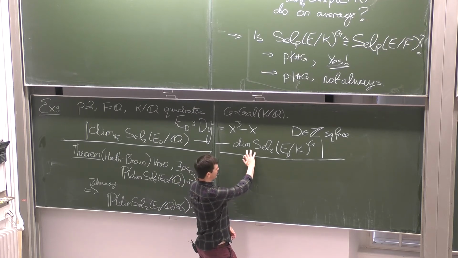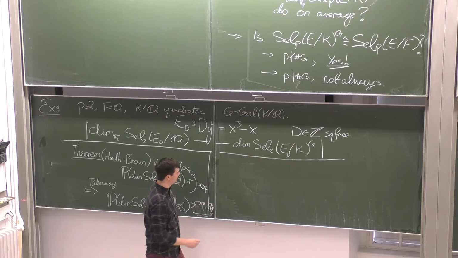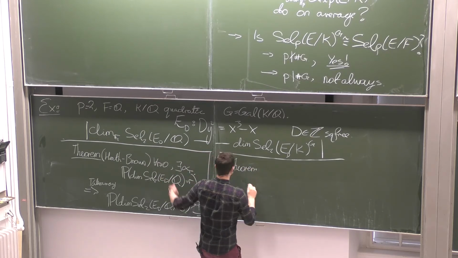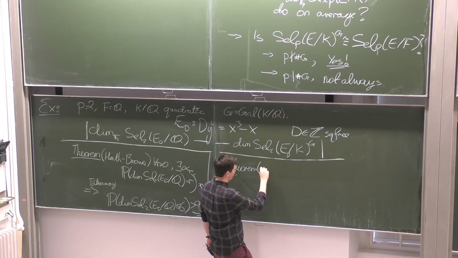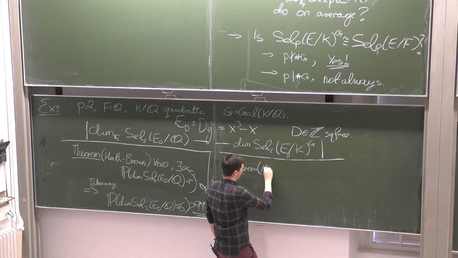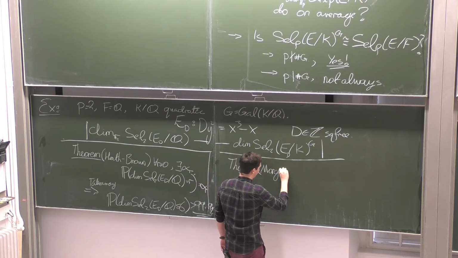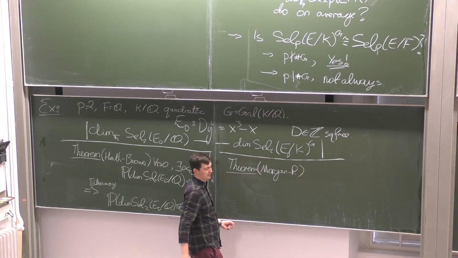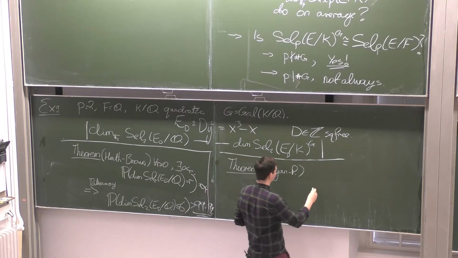Okay, so the right-hand side, what happens here? Well, this was something old. Here's something quite new. It's a theorem due to Adam Morgan and myself from the end of last year. I don't have anything borrowed in blue, by the way.